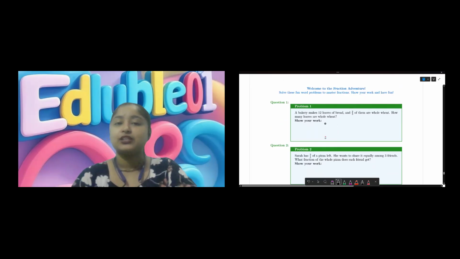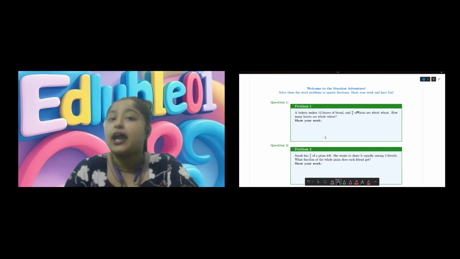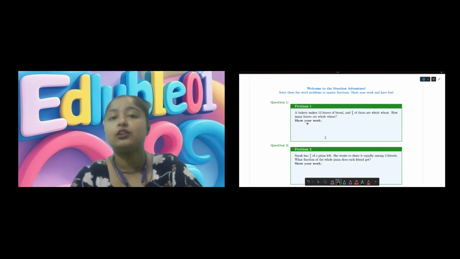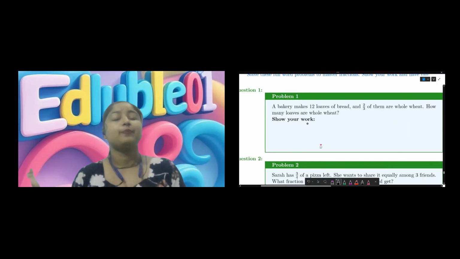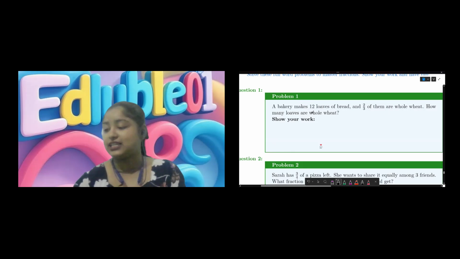Let's start. The first question says: a bakery makes 12 loaves of bread and 2 over 3 of them are whole wheat. How many loaves are whole wheat? See, nothing hard, just easy.